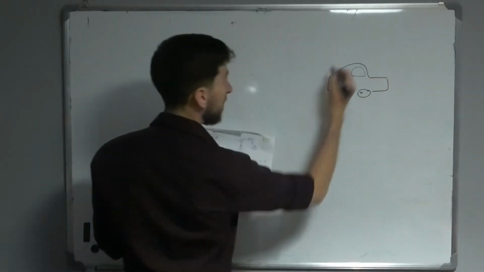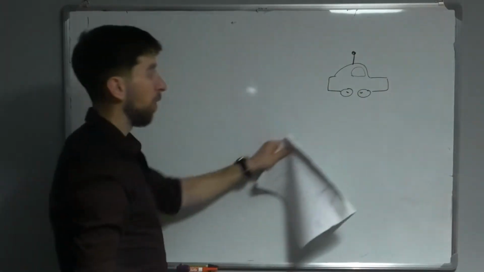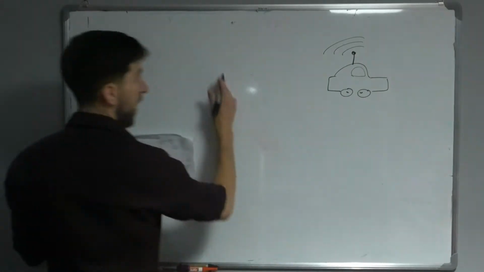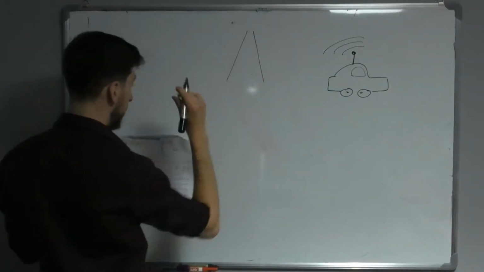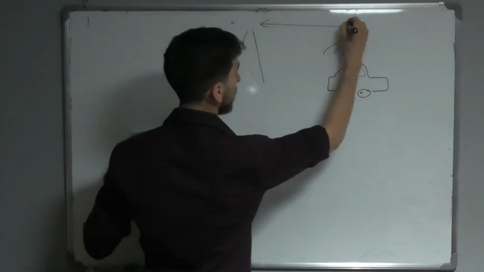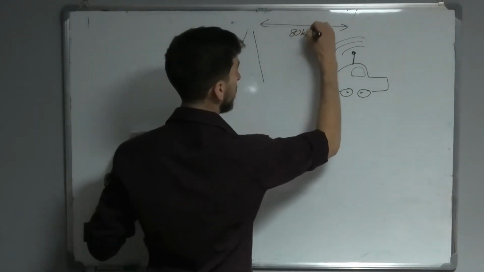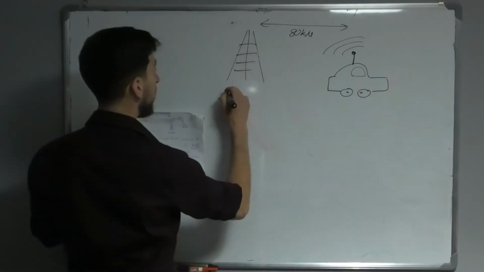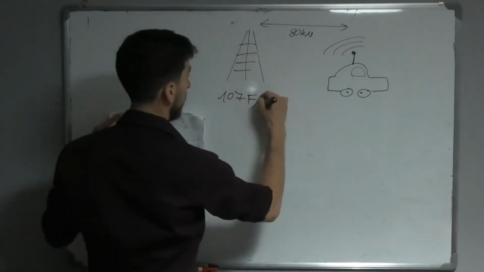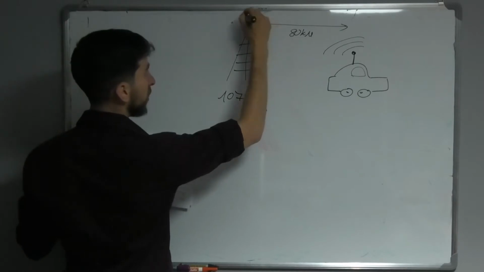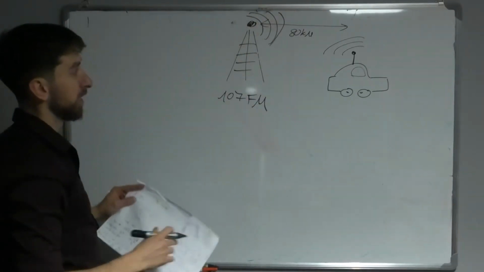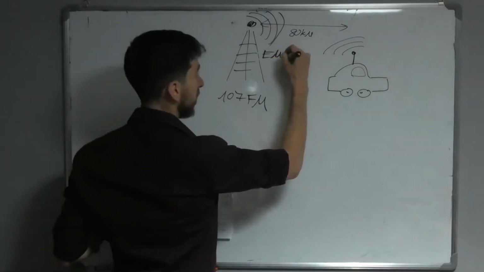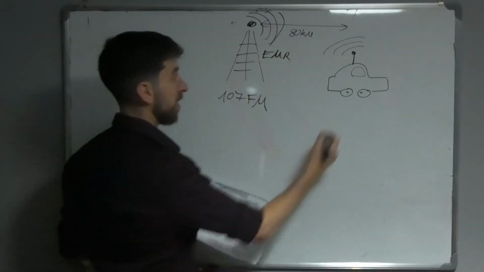And I have an antenna on the car, which observes waves. And nearby, not that near, let's say 80 kilometers away, there's some radio station using 107 FM. This is the radio station and it's also sending some EMR, electromagnetic radiation, toward me in the car.